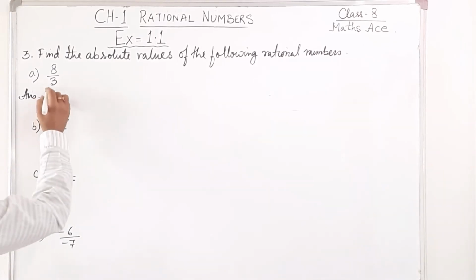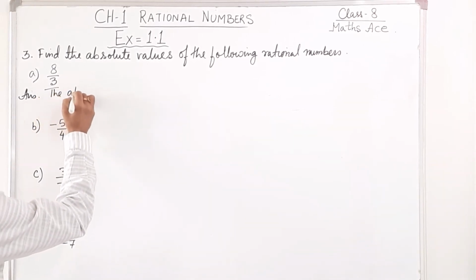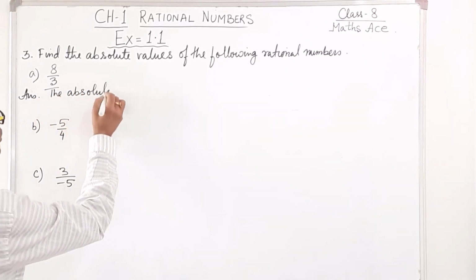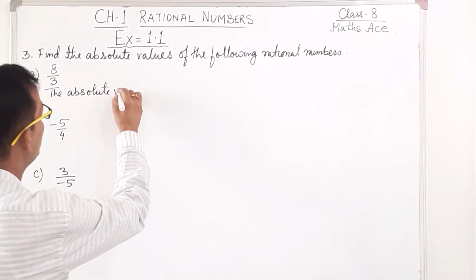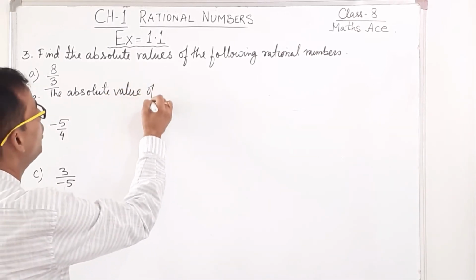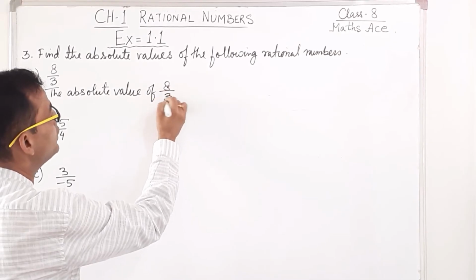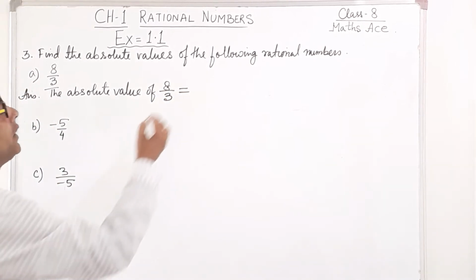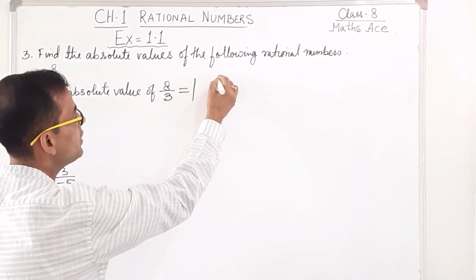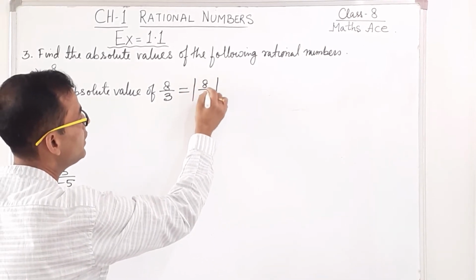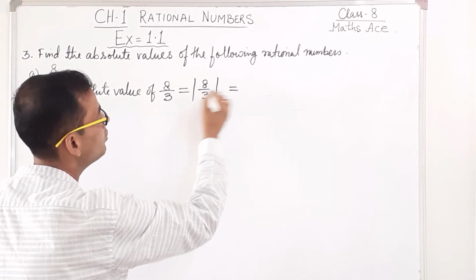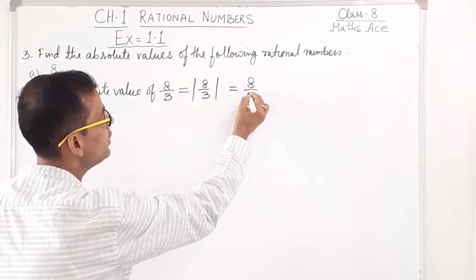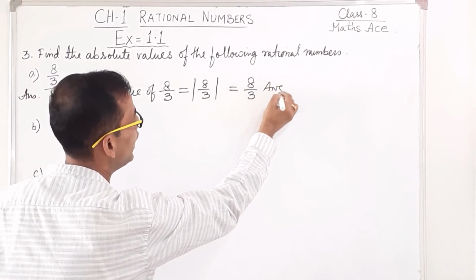So the absolute value of 8 by 3 equals, I will put the symbol, 8 by 3. It will come positive only, and this is the answer.